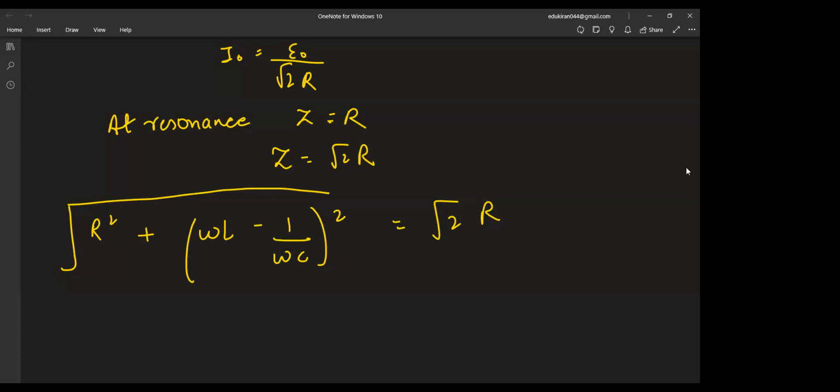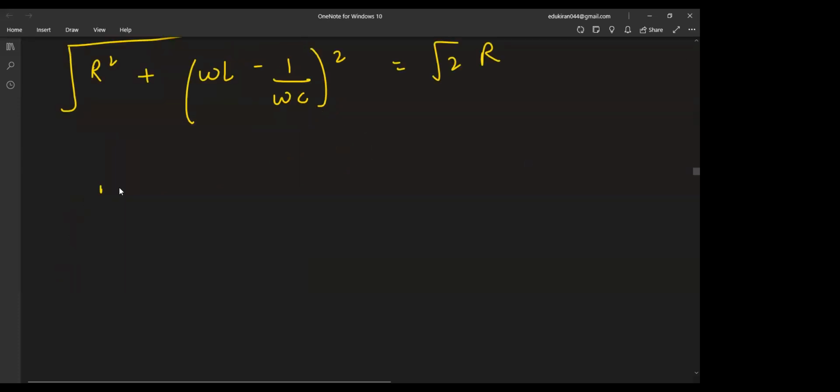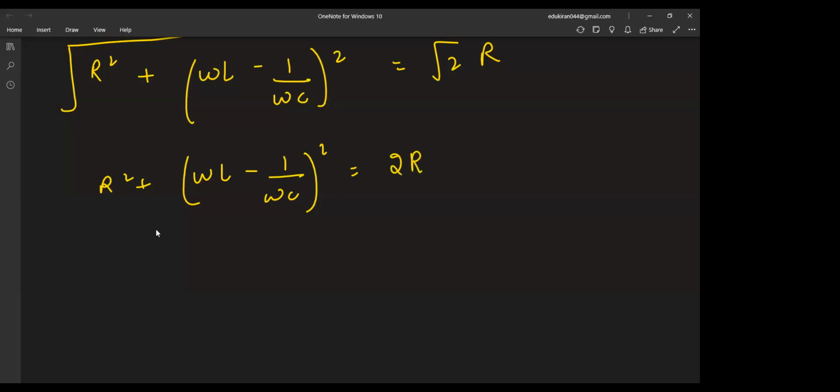This becomes R square plus omega L minus 1 by omega C whole square is equal to 2 R square. So we can shift R square over here, and this becomes omega L minus 1 by omega C whole square is equal to R square.